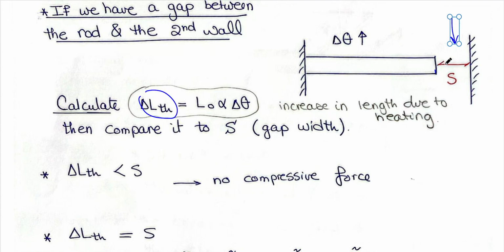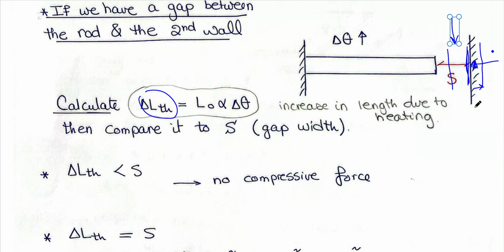If delta L thermal is less than S, I will not reach the second wall, so no compressive stress. If it is equal to S exactly, I will just touch the second wall and no compressive force. If it's more than S, this wall will prevent me from increasing in length, making compressive stress.